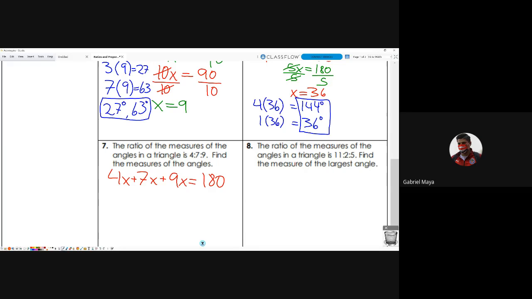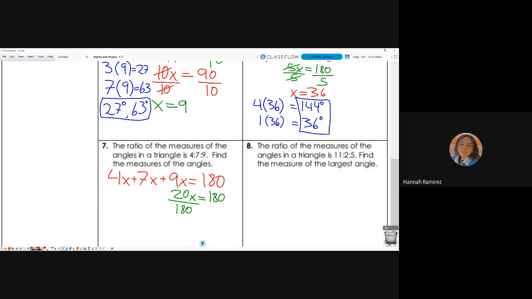Say it with confidence. 20, very good. 4x plus 7x is 11x, plus 9x is 20x. So 20x equals 180. Now what? We divide 20 by 180. And I got 9. Like that?